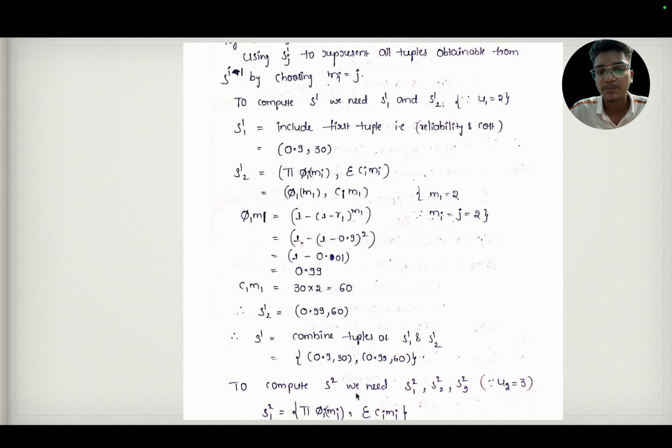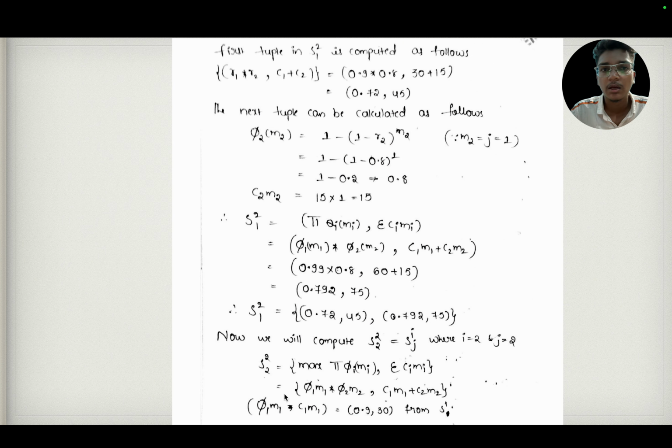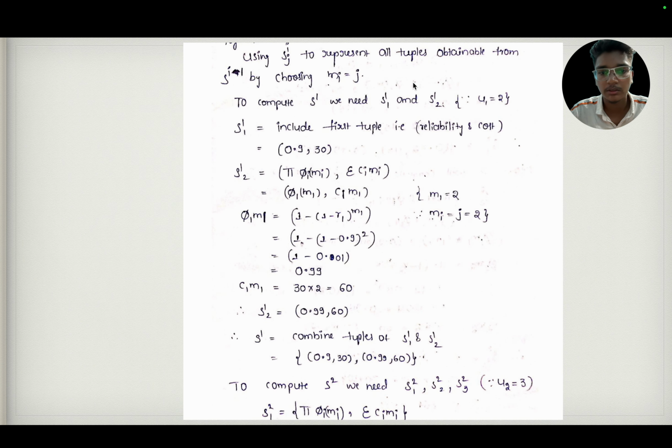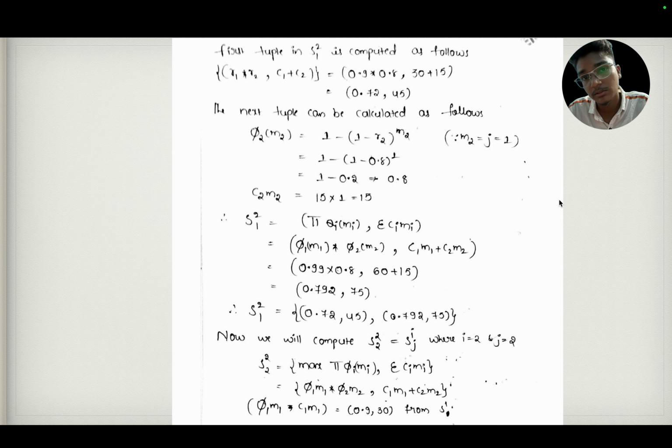To compute S power 2 we need S1 square, S2 square and S3 square. U2 is equal to 3, and for S1 of square we need to multiply with the previous one. The previous one is 0.8 as we got here, and 0.9 is the previous one.